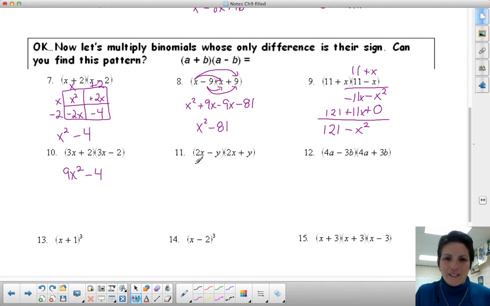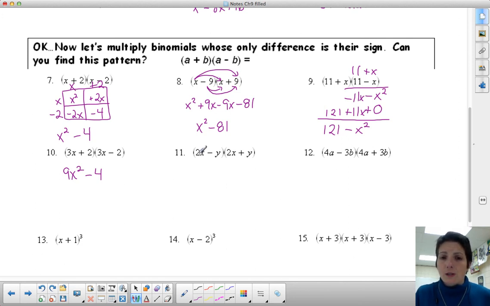Let's do number 11 together. We're looking at the problem 2x minus y, 2x plus y. Oh wait, they're the same, except one's a difference, one's a sum. That's fine. It means that the middle terms, the O and the I, are going to drop out when I multiply.